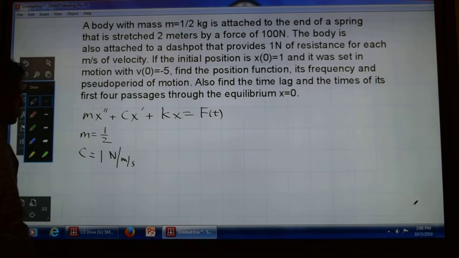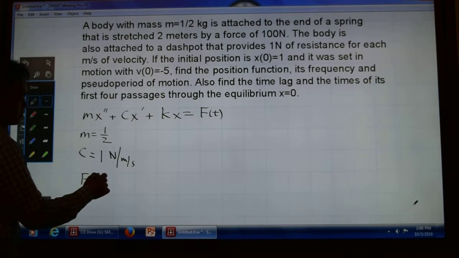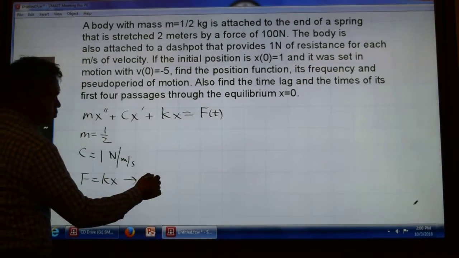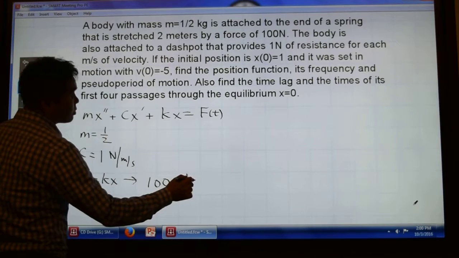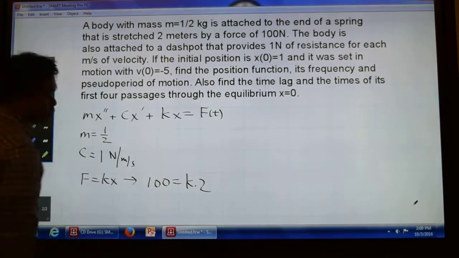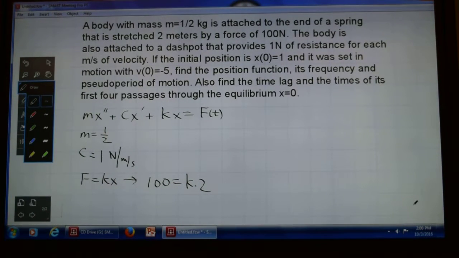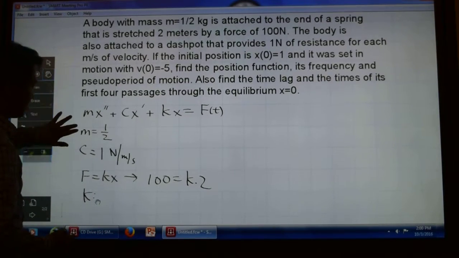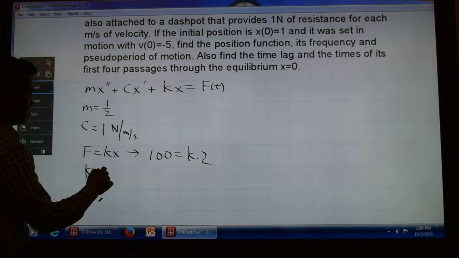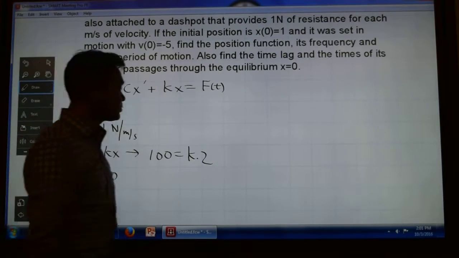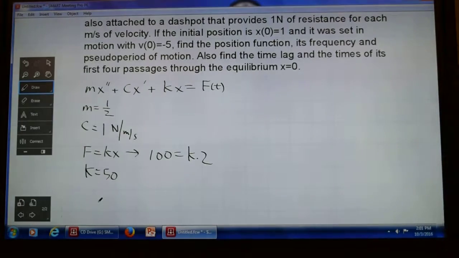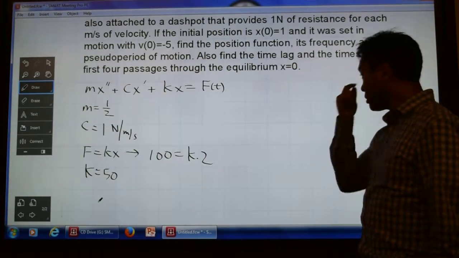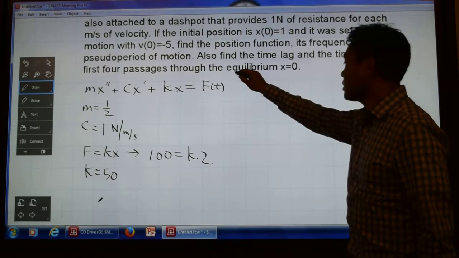And to find k, you need to use F equals kx, which says that you have 100 newtons equals k times 2 meters. So k is equal to 50. Okay, and then the external force is 0. So let's write down the equation you get.